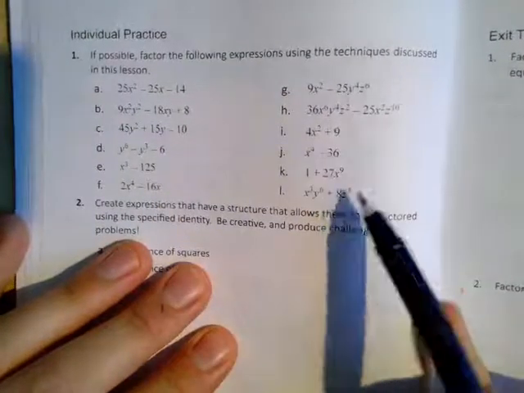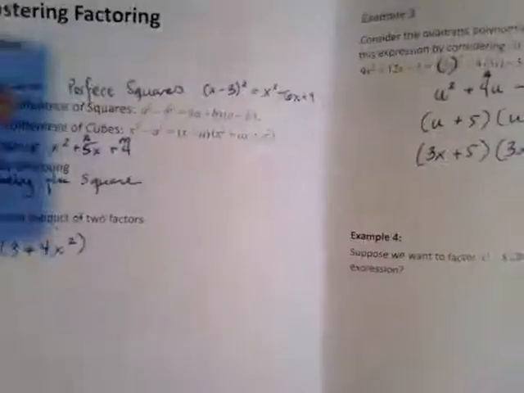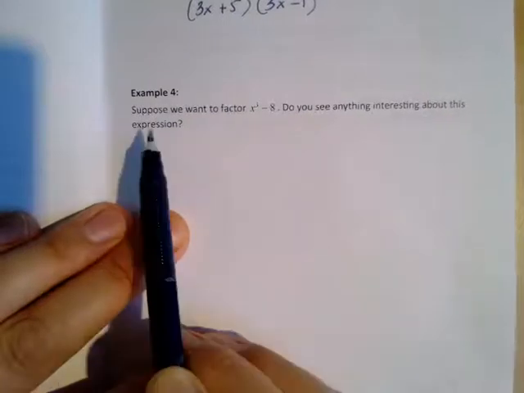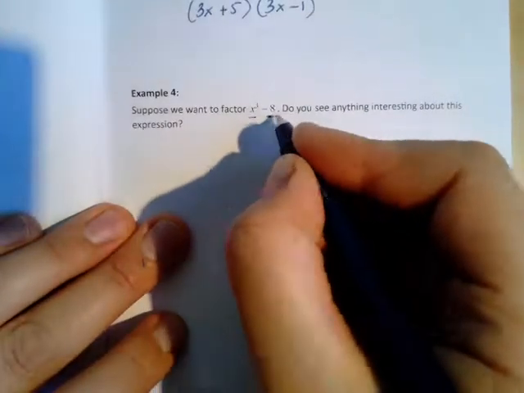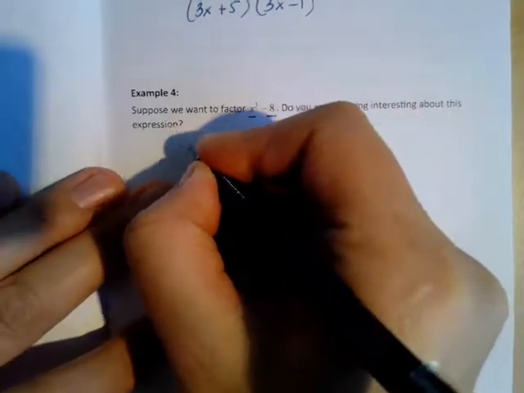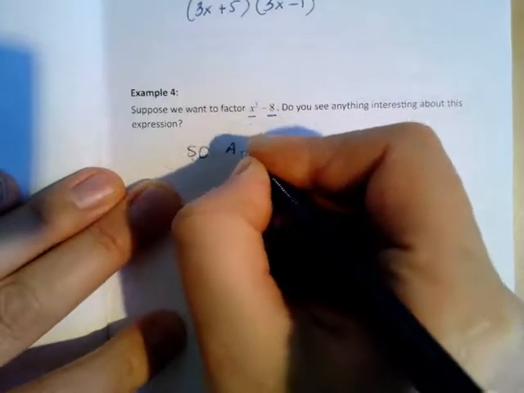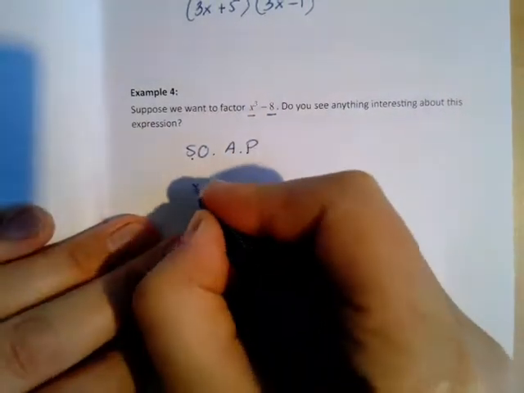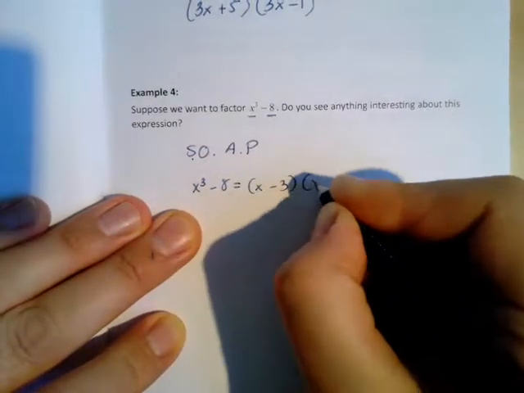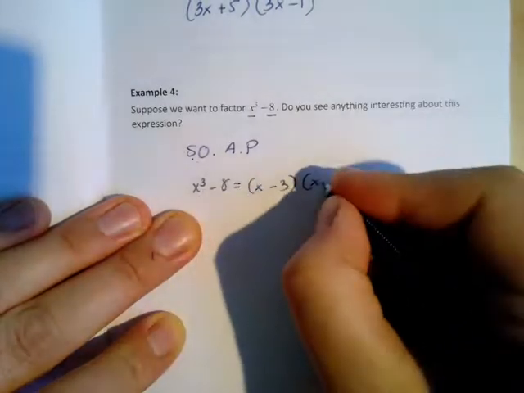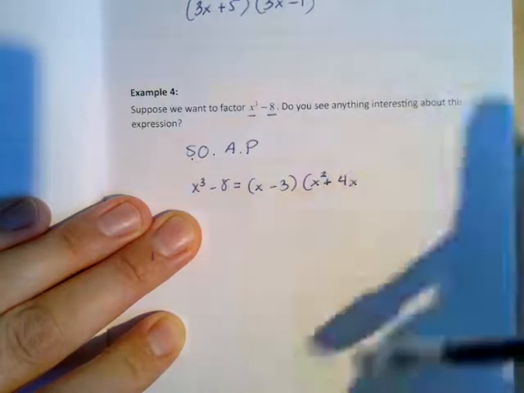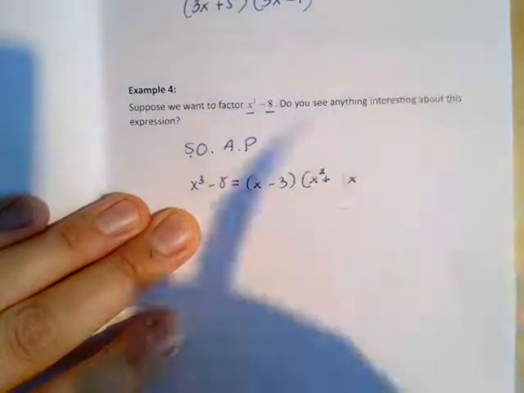Suppose, last problem, we want to factor x to the third minus 8. Do you see anything interesting about this expression? Well, this is a perfect cube and this is a perfect cube, so it's actually a very familiar type of expression for us. We can, of course, use SOAP, same, opposite, always positive, where we'd say x to the third minus 8 is equal to x minus 2 times, let's see, the same, opposite would tell me that the next one is positive, x squared plus 2x plus 4.